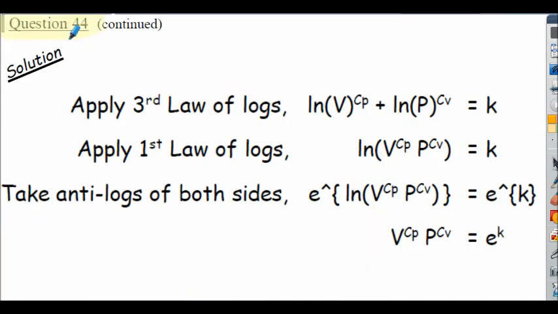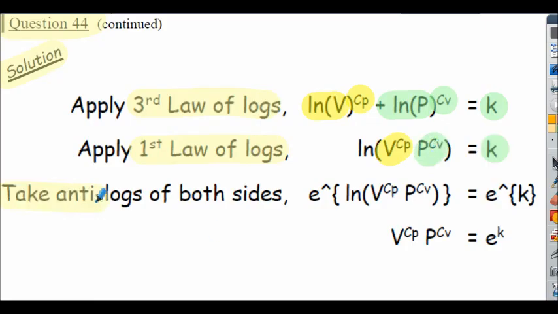Question 44, solution continued. Next I apply the third law of logarithms on the left hand side. So I now have ln v to the power of Cp plus ln p to the power of Cv is equal to k. Applying the first law of logarithms now to the left hand side, that's the same as ln of v to the power of Cp multiplied by p to the power of Cv.